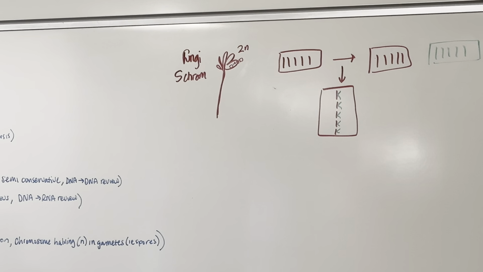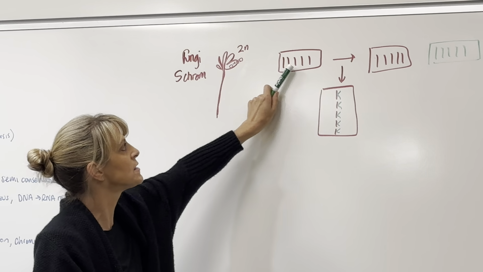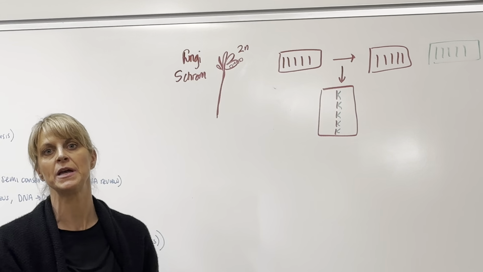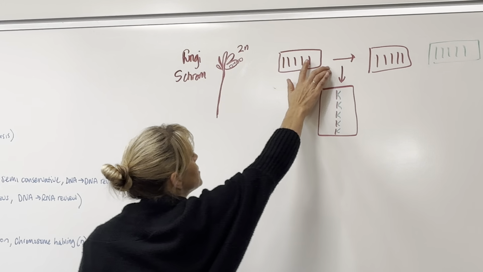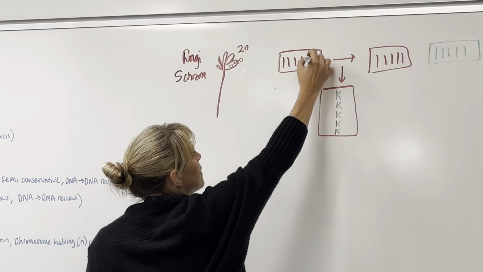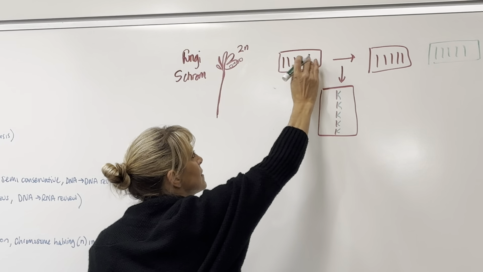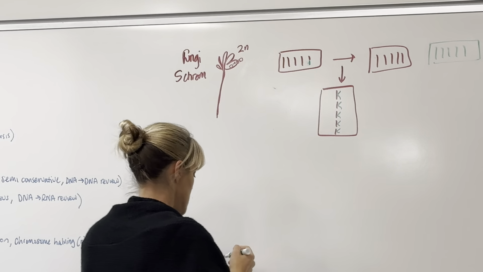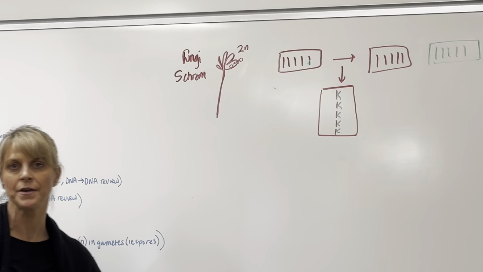The 2N is referring to, I'm not sure what the 2N equals 5, right? Diploid. This is diploid, so it would have half the number from its mother and half from its father, so it's weird that it's an odd number.